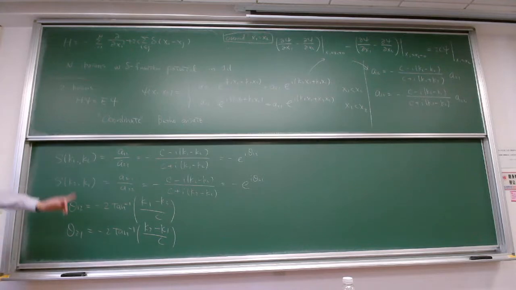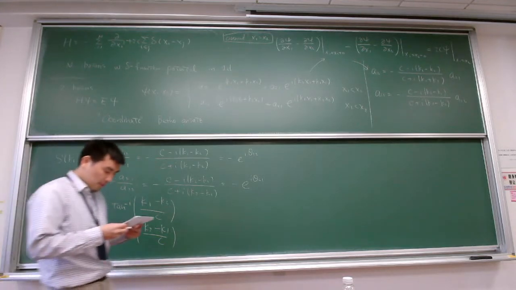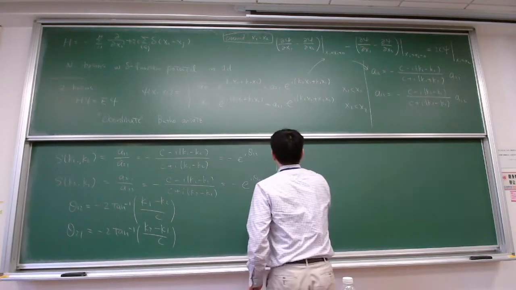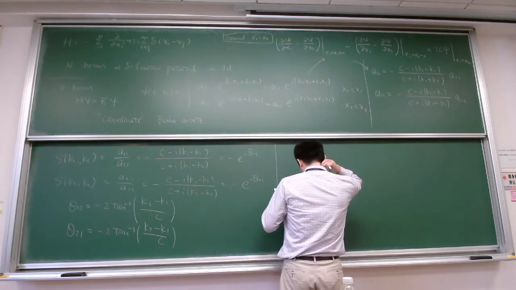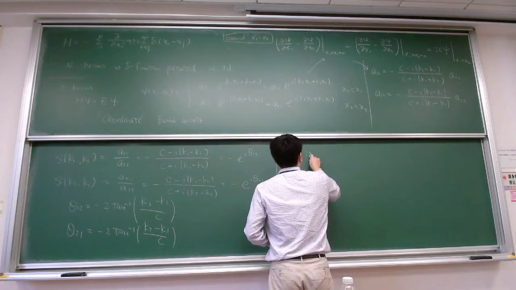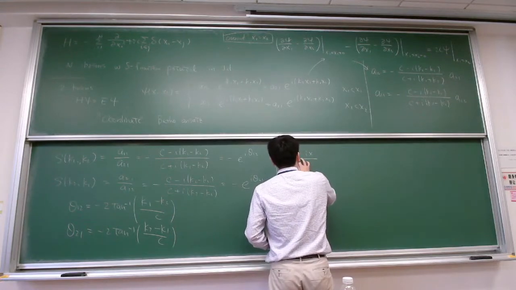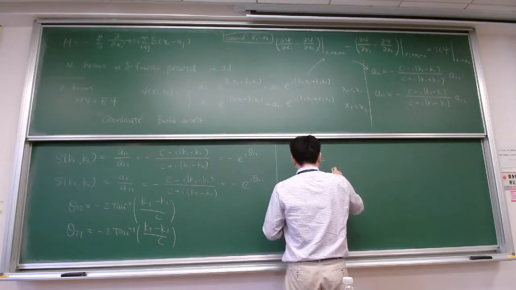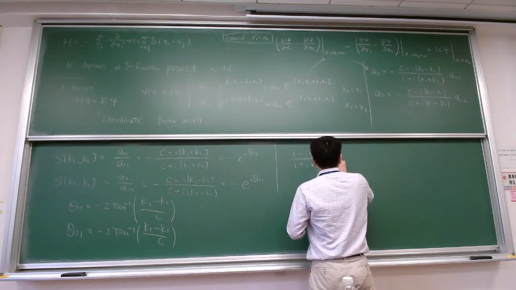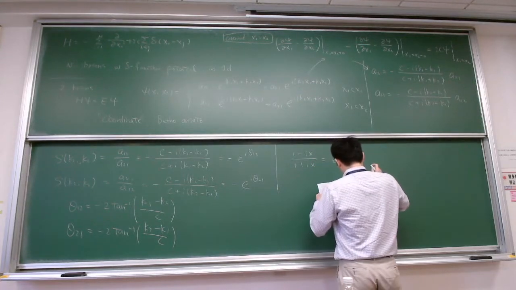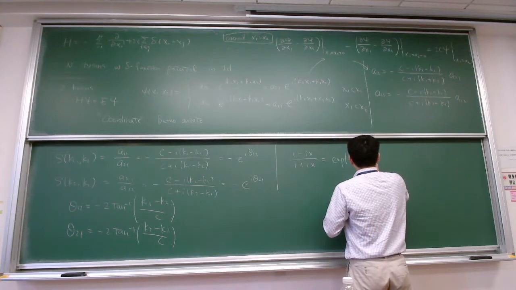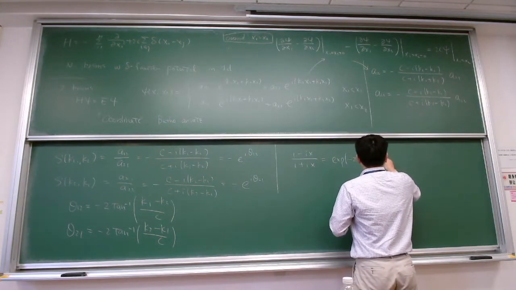From here to here there is a formula; you have to do lots of calculation. To be honest, I used Mathematica. 1 plus ix, with the exponential of minus 2i times inverse tangent of x.